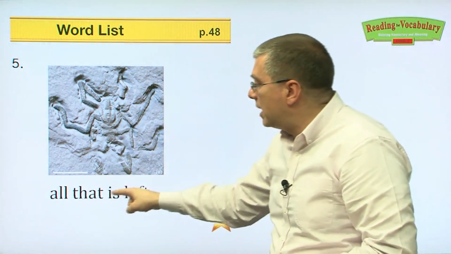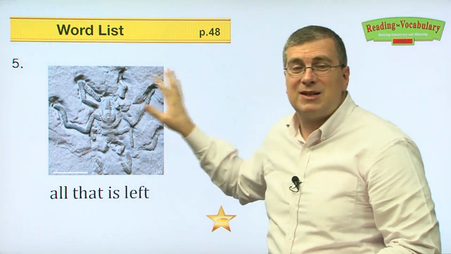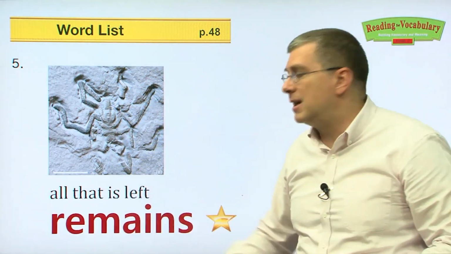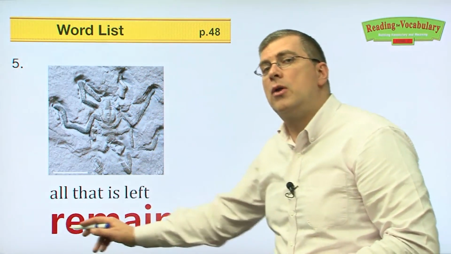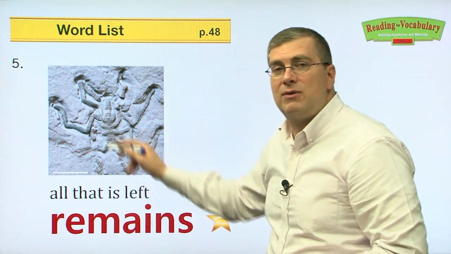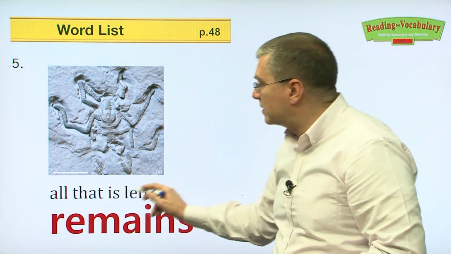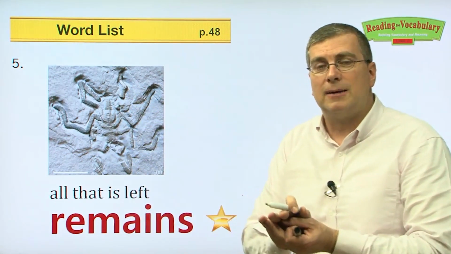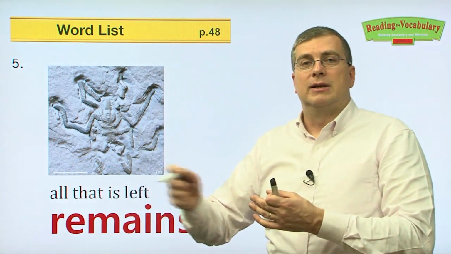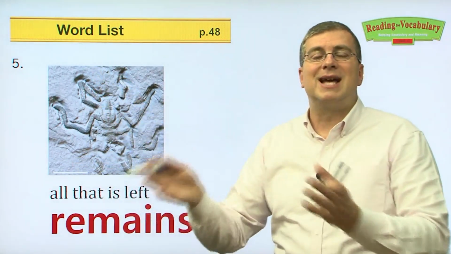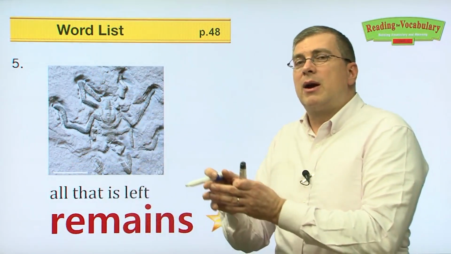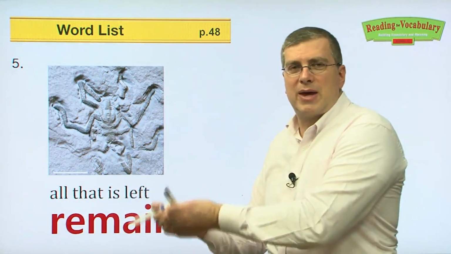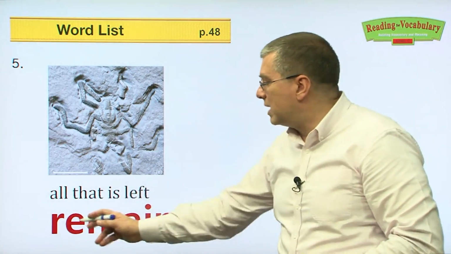So all that is left of the spider is this shape in the rock. It's all that remains. So if something is gone, or something dies, sometimes there's a little bit that remains from that thing that died a long time ago. Remains.